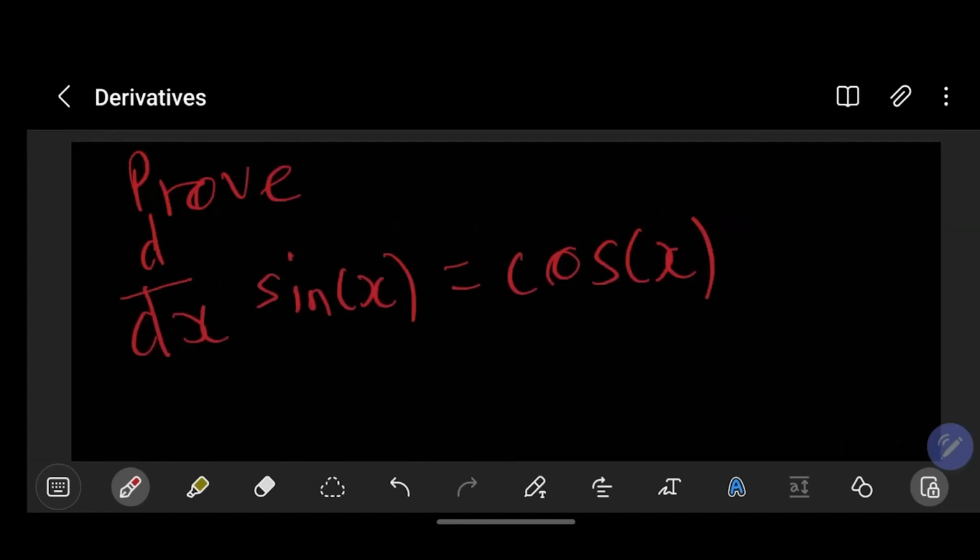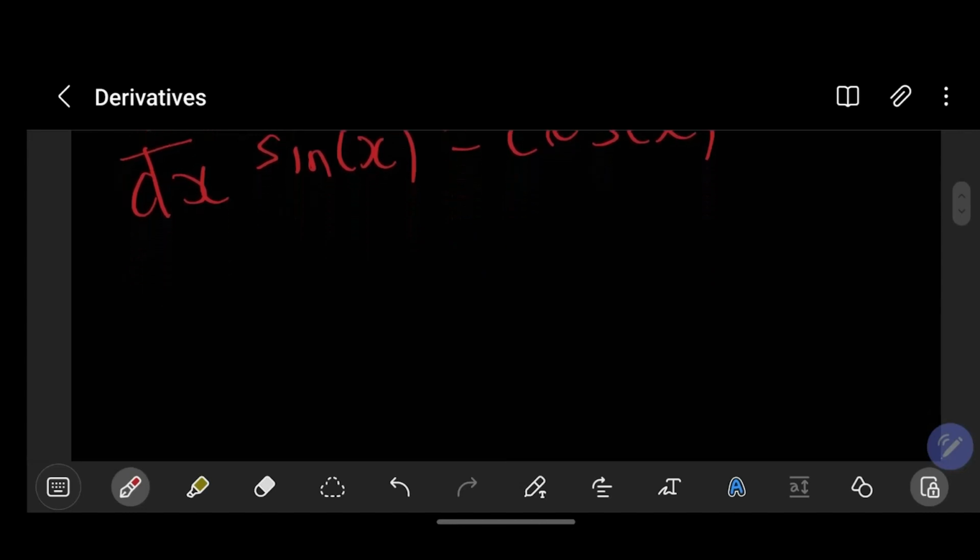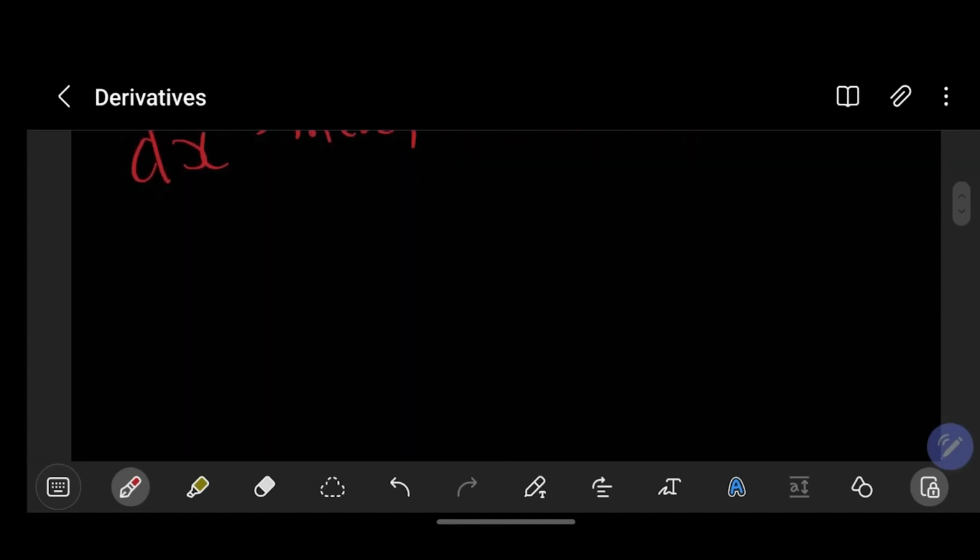Let's say we get the question, prove that d/dx, or the derivative of sine of x, is equal to cos of x. So as we proved earlier on, we would use the definition of a derivative, or the first principle.